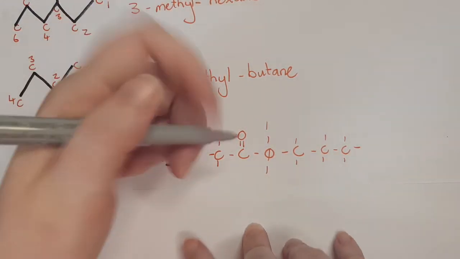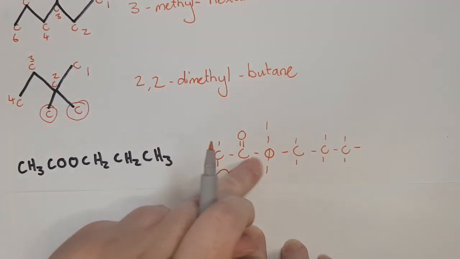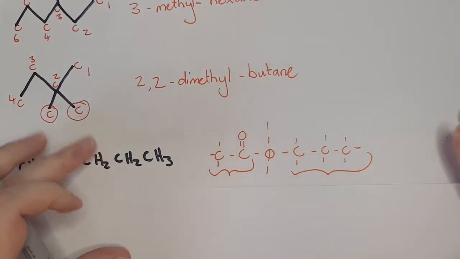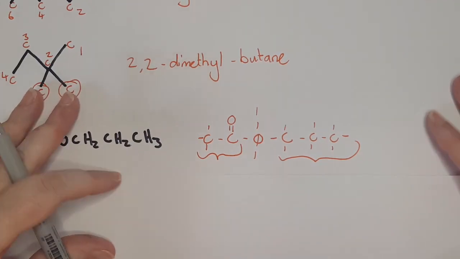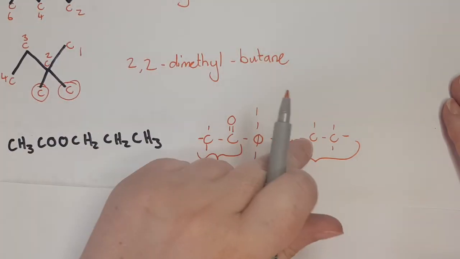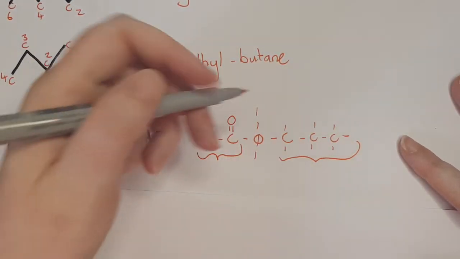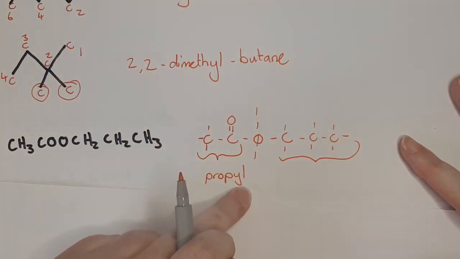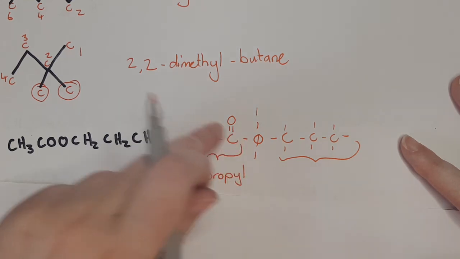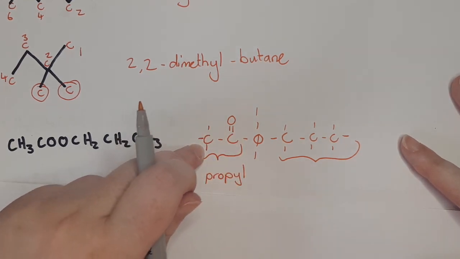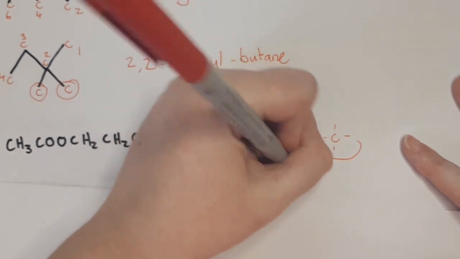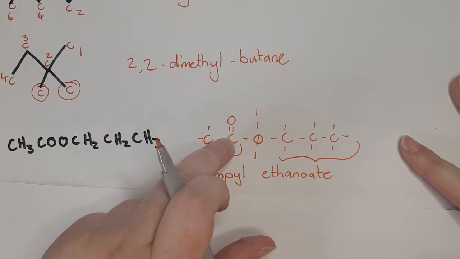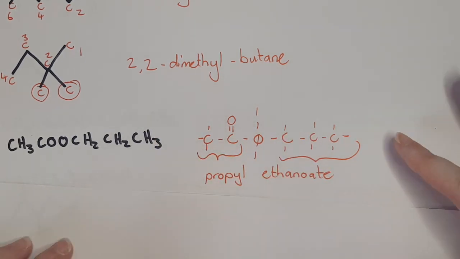So the carboxylic acid side has 2 carbons, and the alcohol side has 3 carbons. So I'm going to say the alcohol side comes first, and there's 1, 2, 3. So I know that's prop, and I say yl, from the alcohol. And then the carboxylic acid has 2 carbons, so that's eth and oate. Remember, we have the oate from the carboxylic acid and the yl from the alcohol.